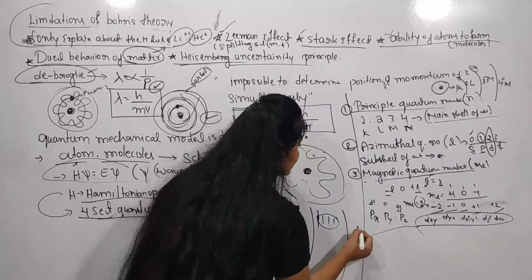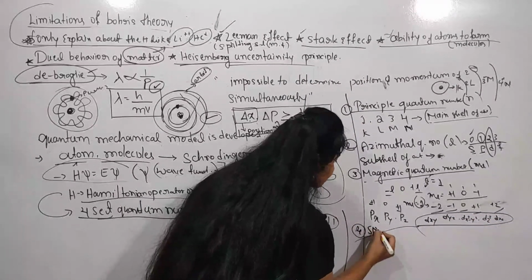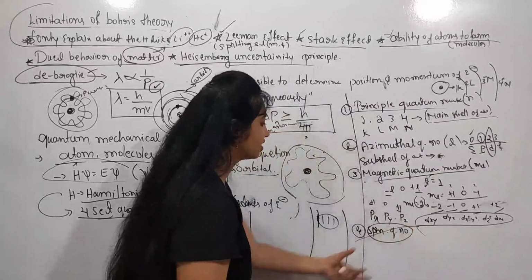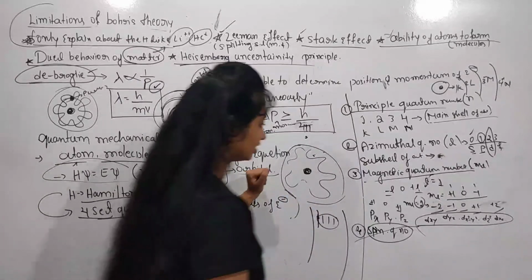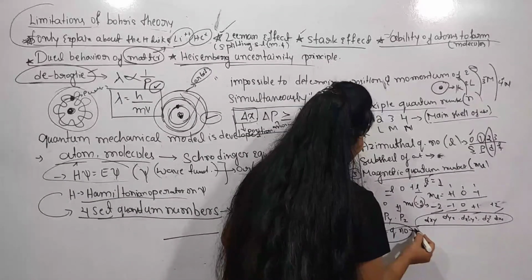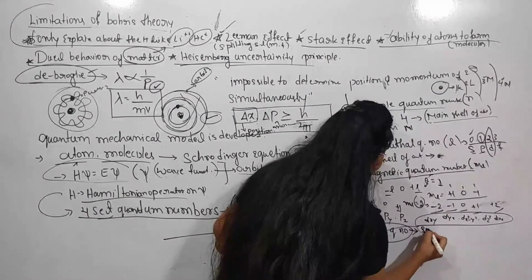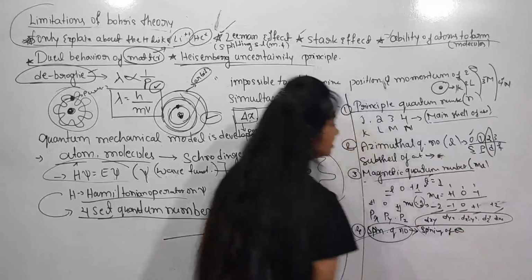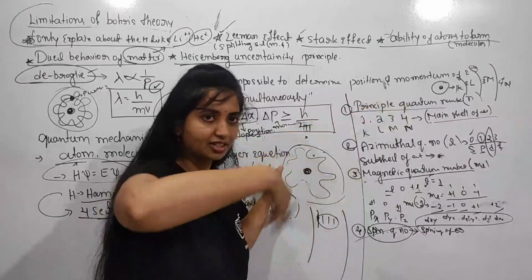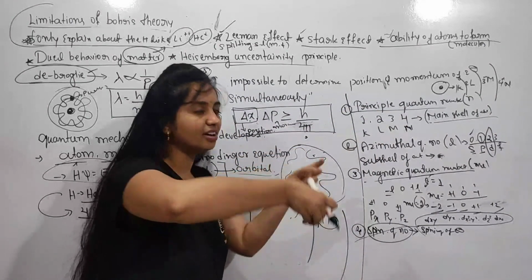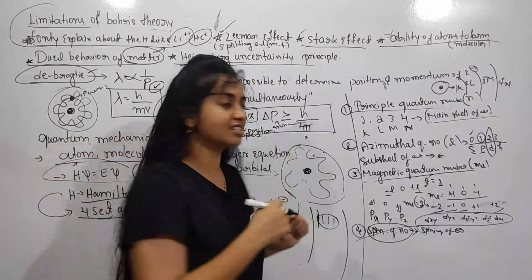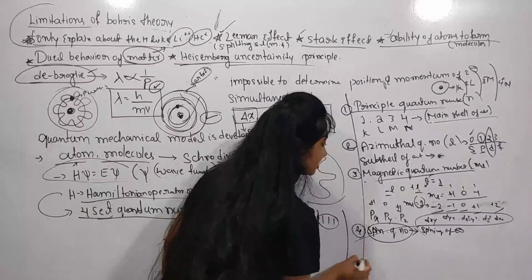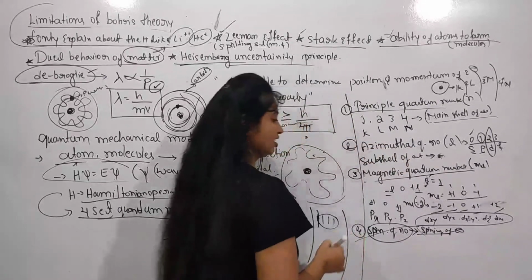And the fourth one is the spin quantum number. This spin quantum number tells us the spin of the electron. Spinning of an electron means the electron revolves around the nucleus and also revolves around its own axis like this. So this is called spin.